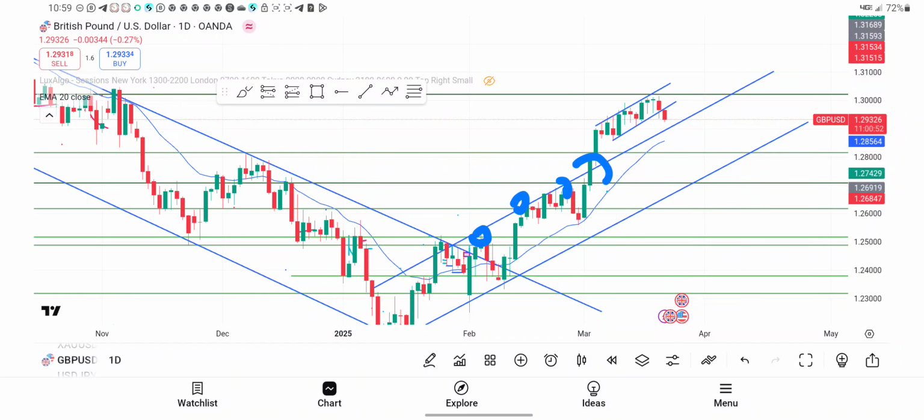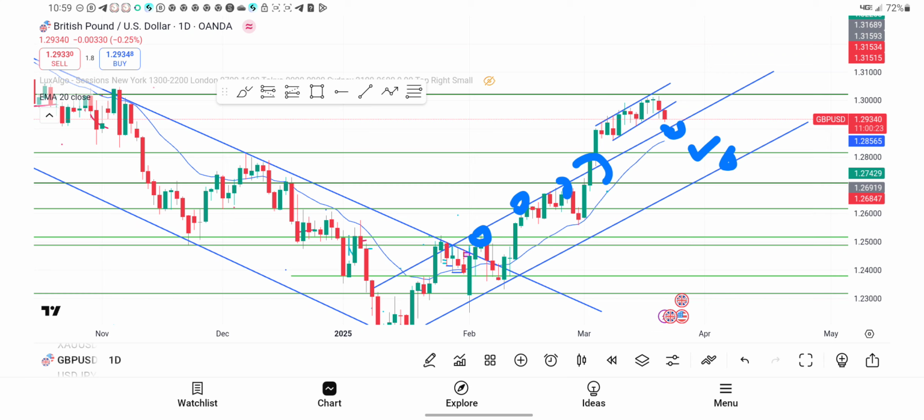We're yet to get a proper retest of this trend line to see whether it is going to hold or fail. And if this place fails to hold as support, then there is a likelihood that we will see this level first, and maybe the bottom of this channel. Yeah, we might see it come into play.